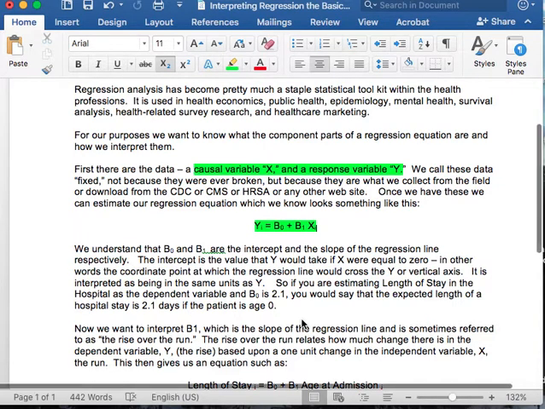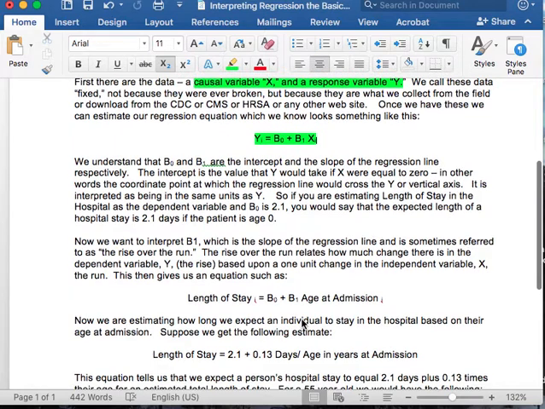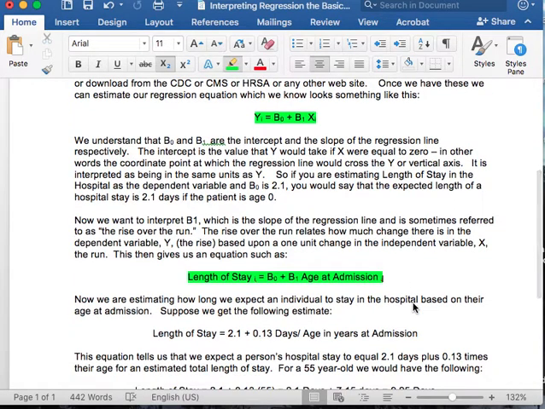And then if we wanted to interpret the equation, where length of stay equals b sub 0 plus b1 times age at admission, one thing you can do is plug in real values for the age at admission.